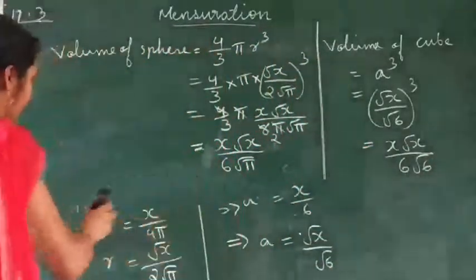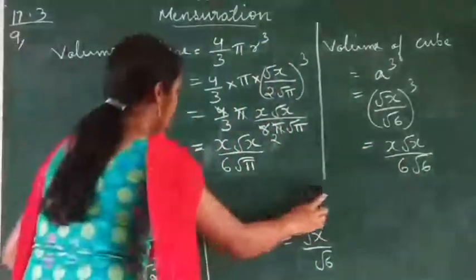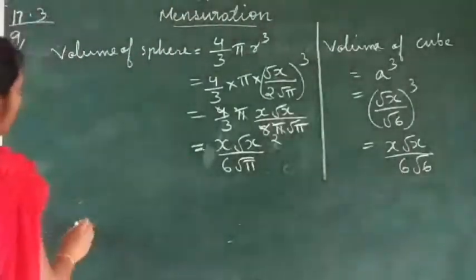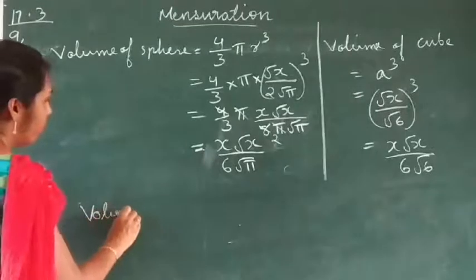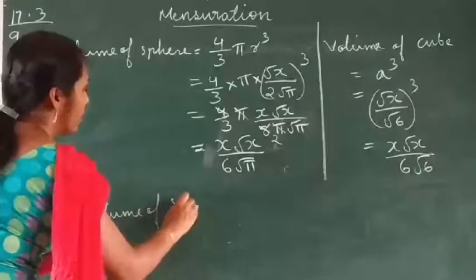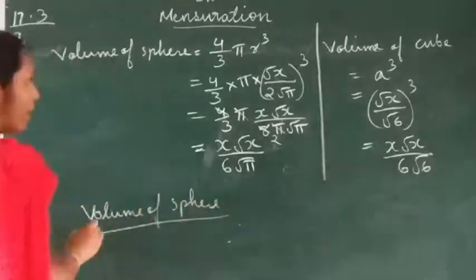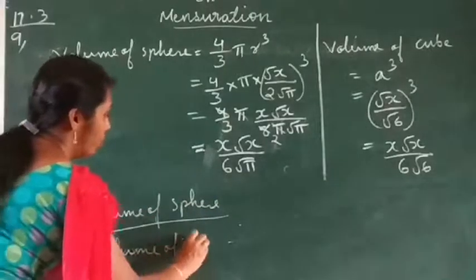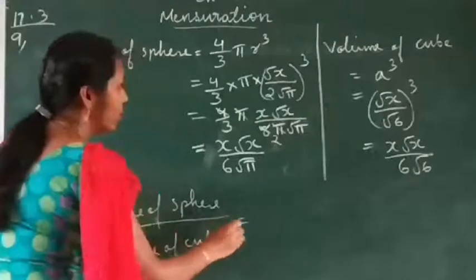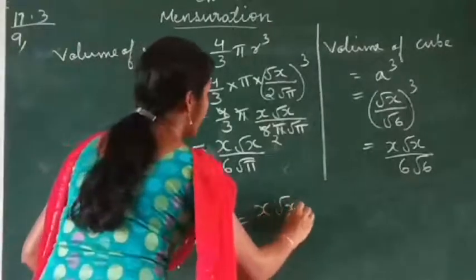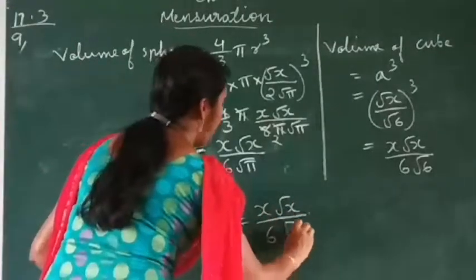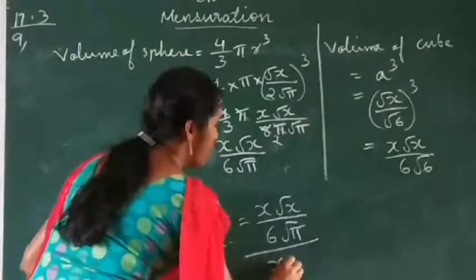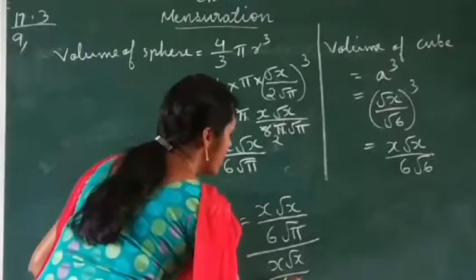Now we have to find out the ratio of these two volumes, that is volume of sphere divided by volume of cube, equal to x root x by 6 root π divided by x root x by 6 root 6.